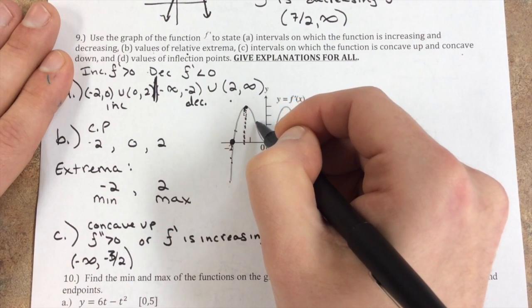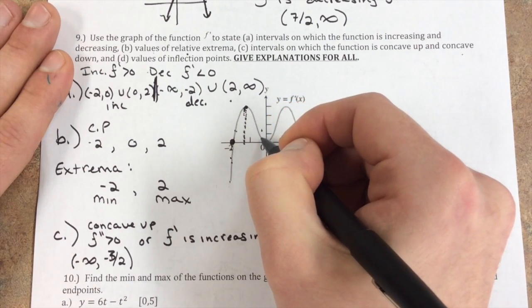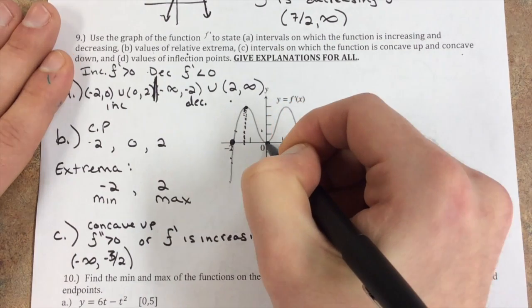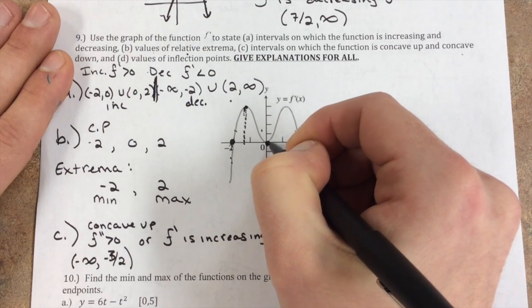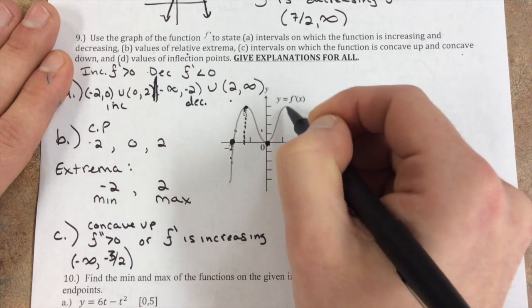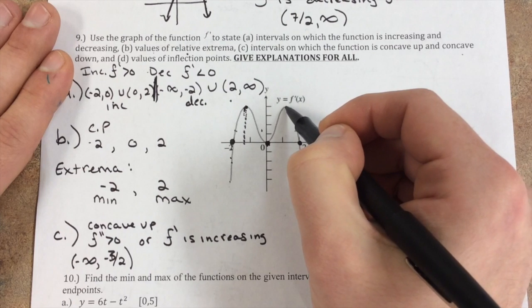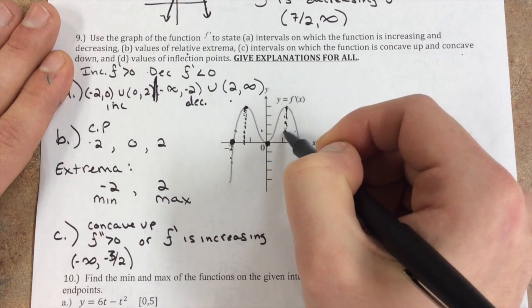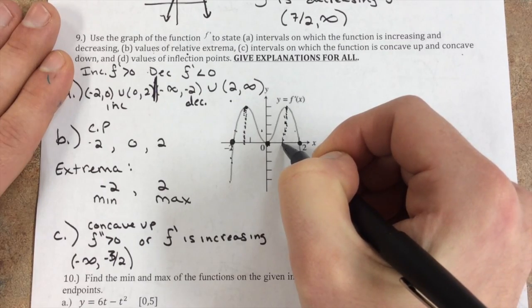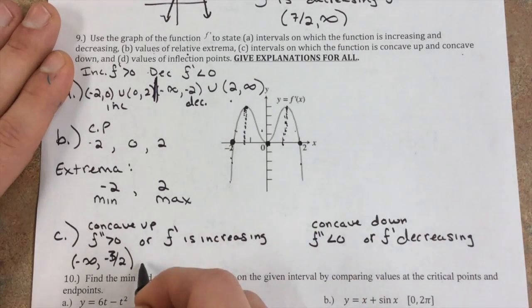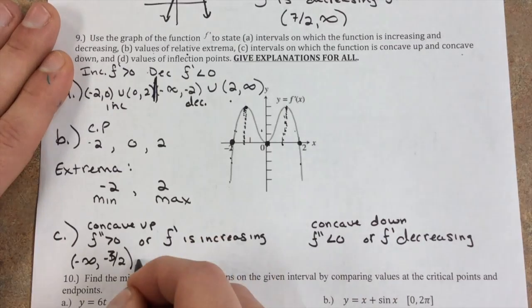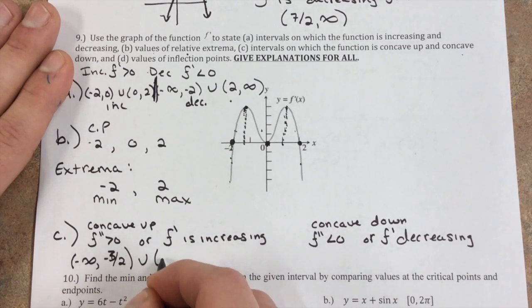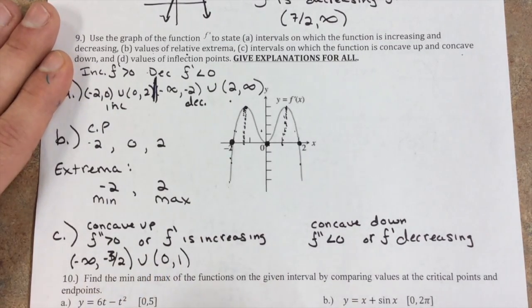Then I'm decreasing, and then at 0, I stop decreasing and I go back to increasing. So that's all the way up to here. So let's drop this down, close enough to 1. So let's call that 1. So I'm increasing again from 0 to 1.